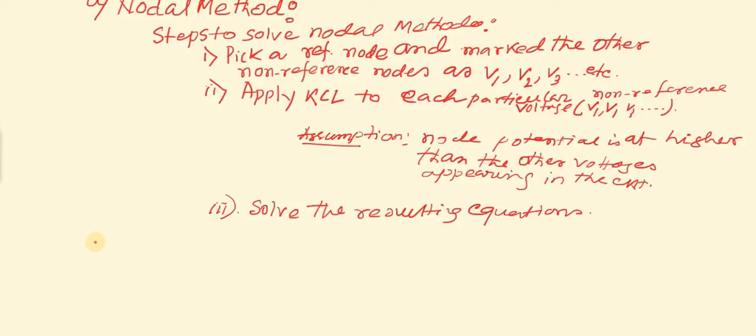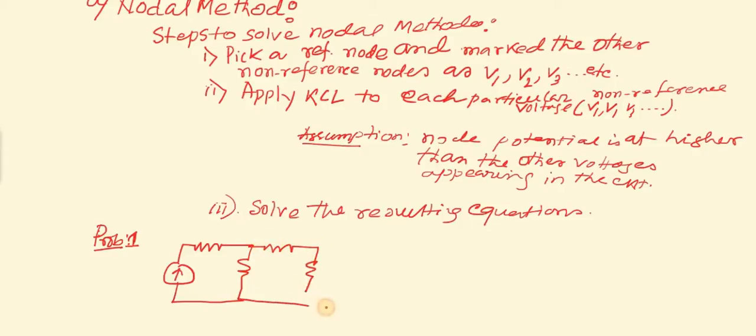Say this is a problem. Problem 1. What is that network problem? Say this is a network: resistance, current source. Now this is 2 ampere and say this is 1 ampere. This is 1 ohm.